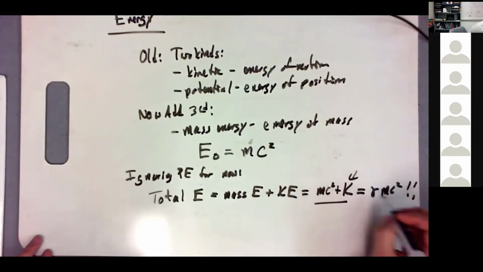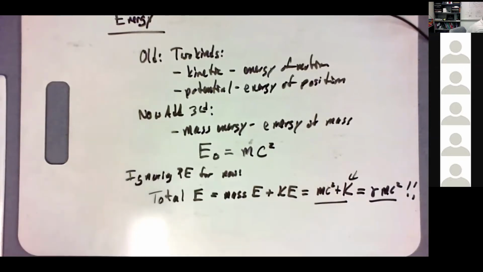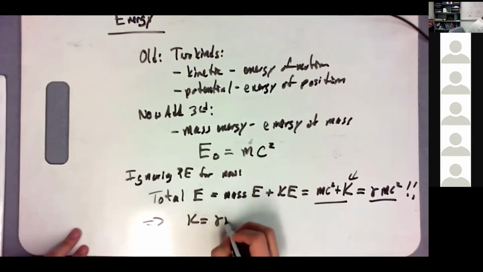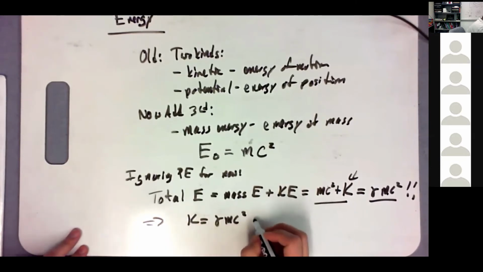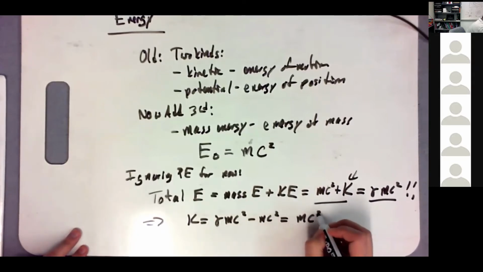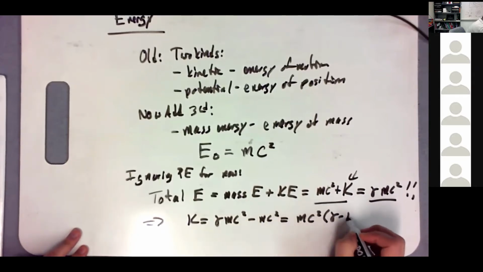mc squared plus kinetic energy has to be equal to gamma times mc squared. We can use this to solve for the relativistic definition of kinetic energy. So if we solve for K, we get K equals gamma mc squared minus mc squared, or mc squared times gamma minus 1.